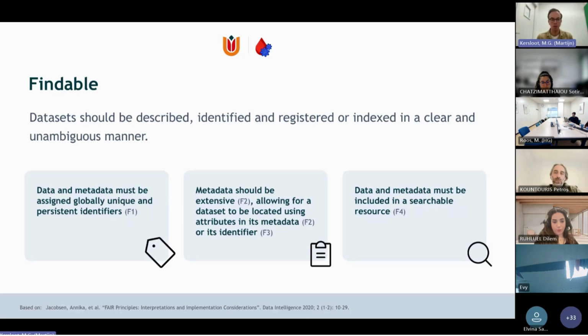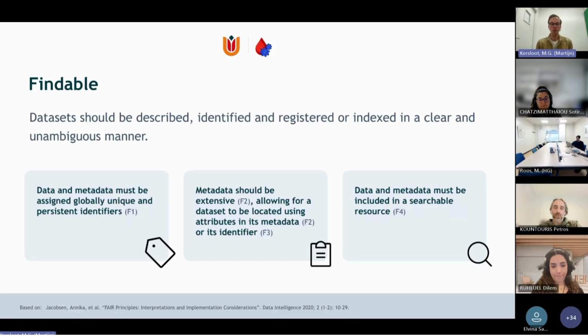So you have one way to retrieve the data and the metadata about the data set. We should add extensive metadata, so data about the data, to the data set to make sure that people can filter down on all of the data sets that are available on the web to find your data set. And lastly, the data and the metadata should be included in a searchable resource. So for example, a repository where you can do this filtering.